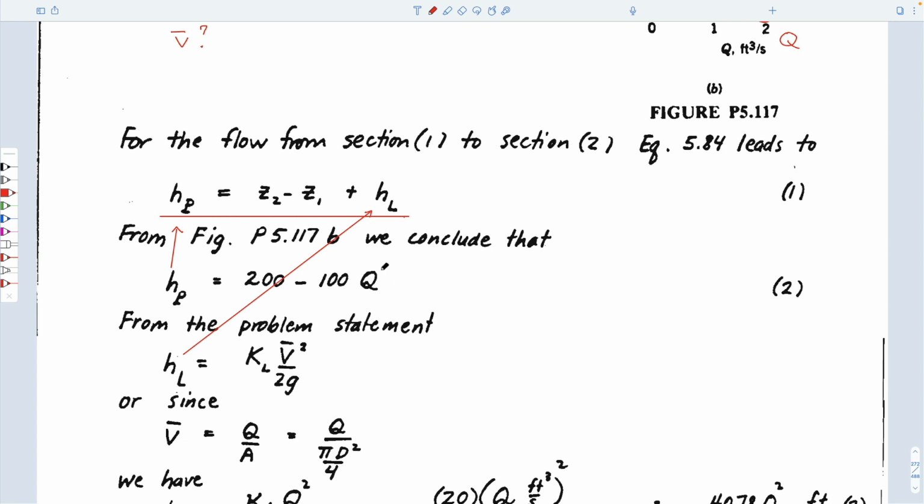Since the pump head is written in terms of a volumetric flow rate and the head loss is written in terms of a velocity, we need to link those two together. I suppose we can do that by noting that velocity is equal to volumetric flow rate over area, and the area is pi D squared upon 4.